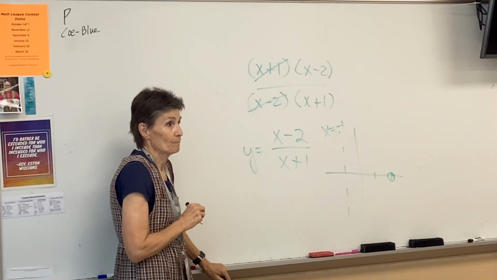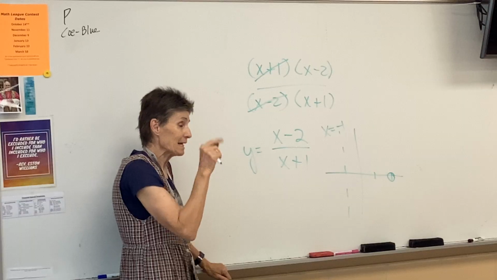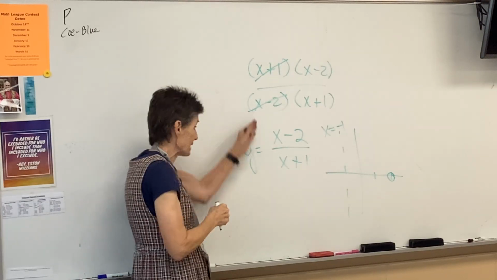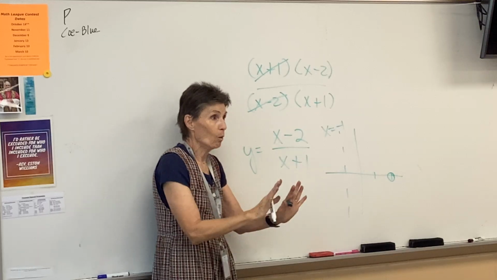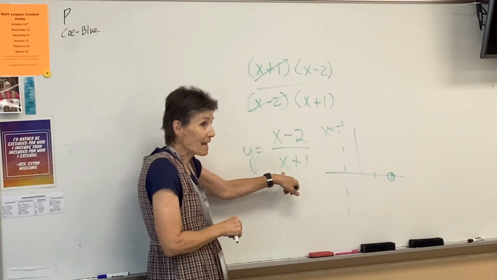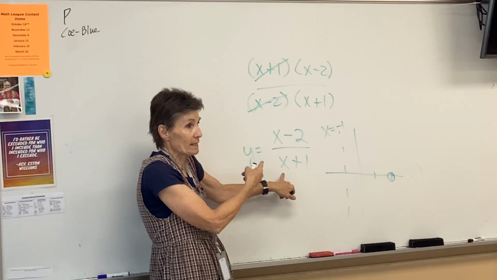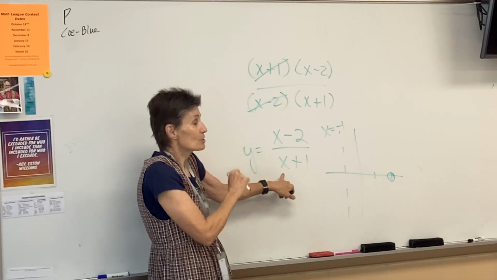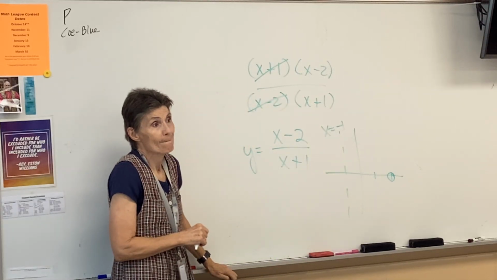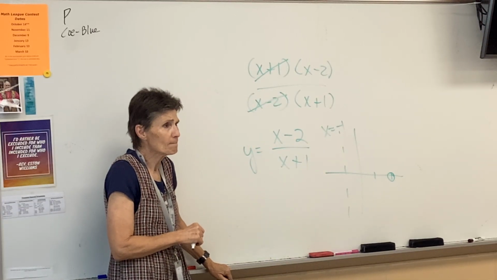That's a hole. So if you can cancel something out and then plug it back in at some point, it's a hole. If you cancel it out and you can't plug it back in, like I can't plug in -1, that's impossible, so that remains a vertical asymptote. So you can have 0 in the numerator, but not the denominator?